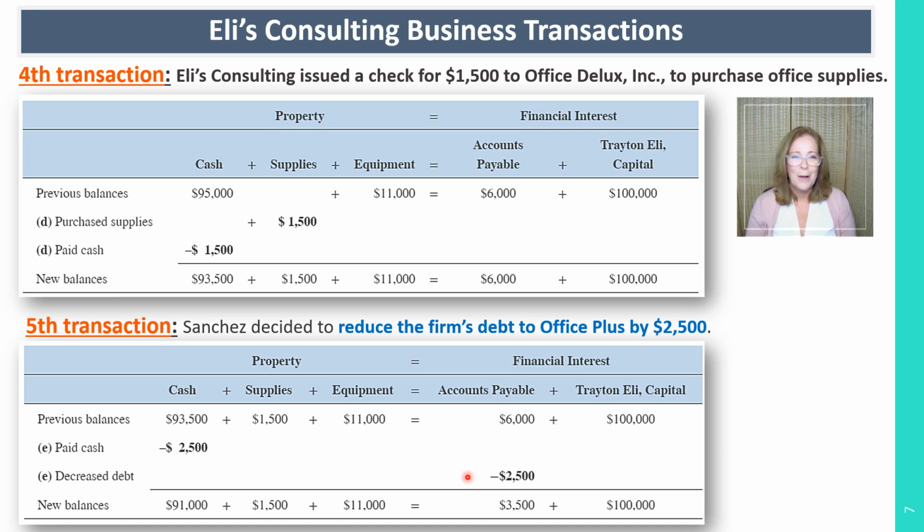That's right, let's check that our equation still balances. We add up $91,000 for cash, $1,500 in supplies, and $11,000 in equipment for a total of $103,500. And on the financial interest side of the equation, we also have $103,500. So our equation still is in balance.